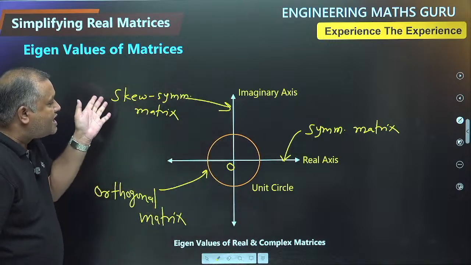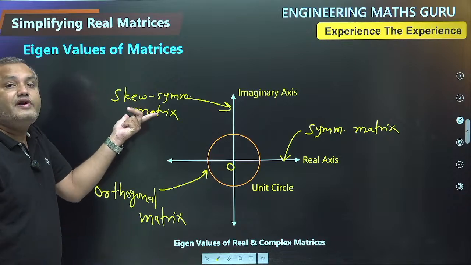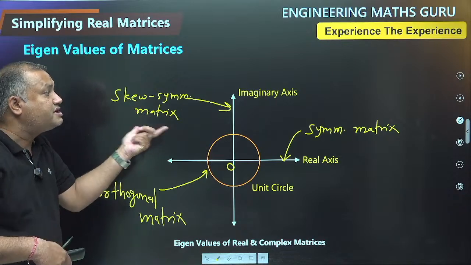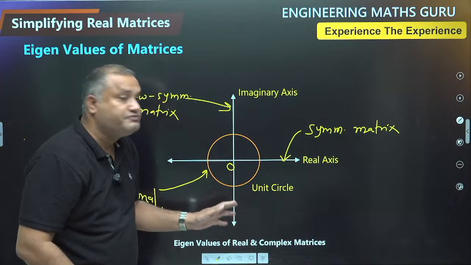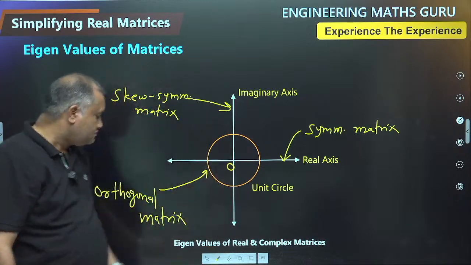Now another classification of real matrix is skew symmetric. Skew symmetric matrix is a real matrix, but its eigenvalues are pure imaginary. They have to be plotted on the imaginary axis of the argand plane.